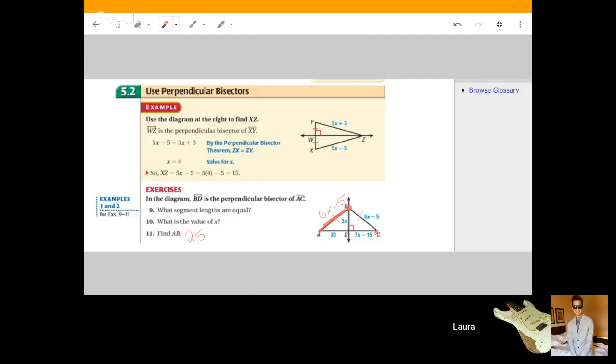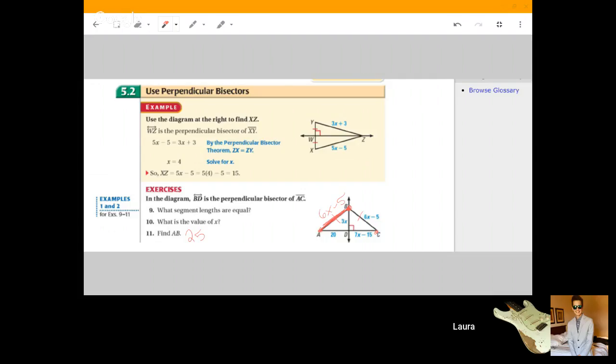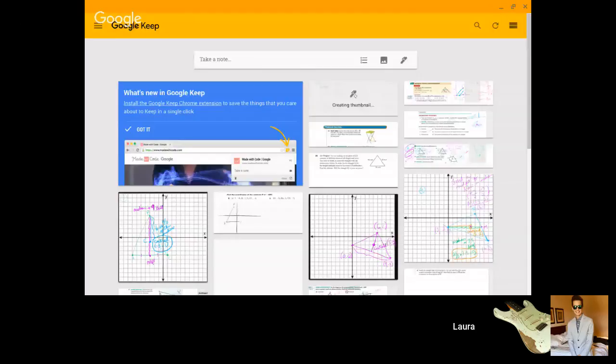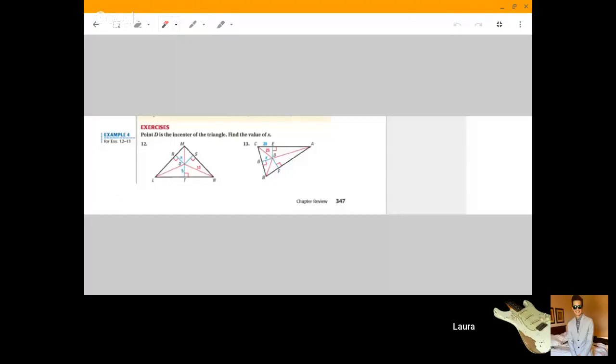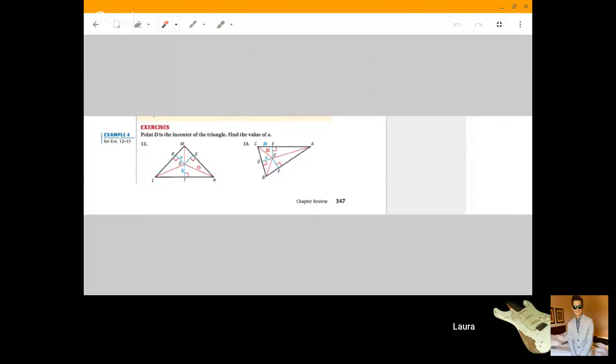Let's see. What is an incenter? An incenter is the point of concurrency of the angle bisectors of a triangle. Fancy talking. Yes. So at the incenter, there's a theorem for the concurrency of angle bisectors.